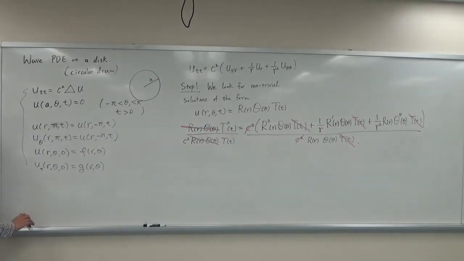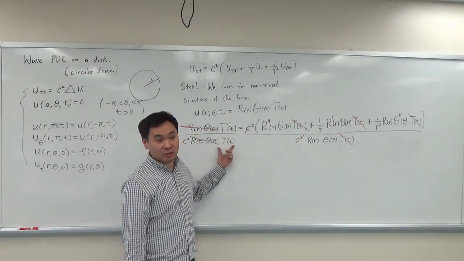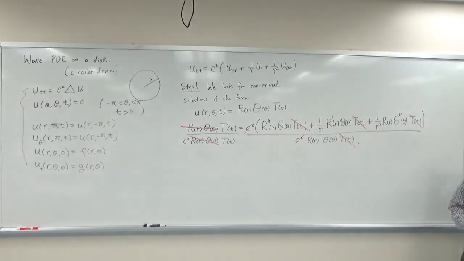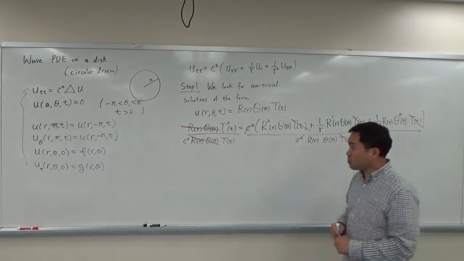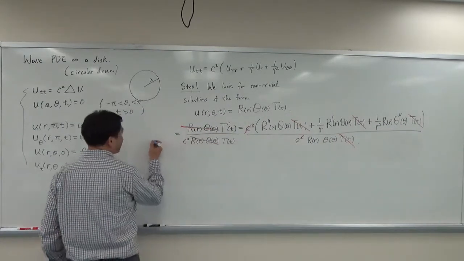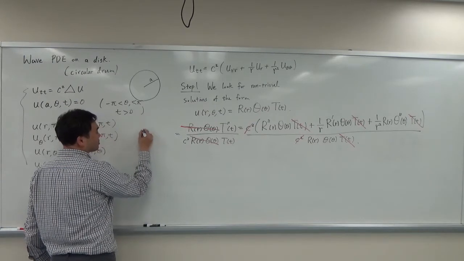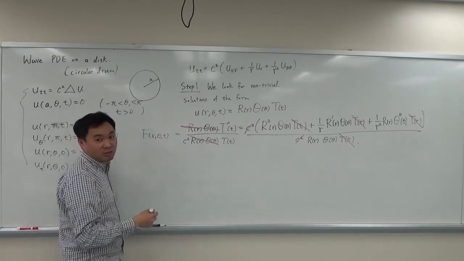You see that the left side is independent of r and theta, whereas this side is independent of t. All the t variables are gone. So initially you think of this as some function of r, theta, and t, because those are what you see.